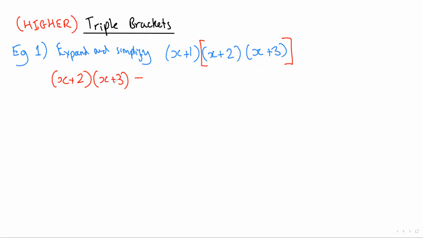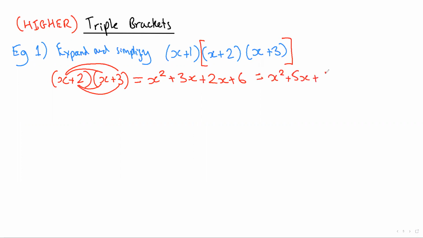So what we get is x times x, which is x squared, x times 3, which is 3x, 2 times x, which is 2x, 2 times 3, which is 6. We get x squared plus 5x plus 6. We've actually done this question previously.